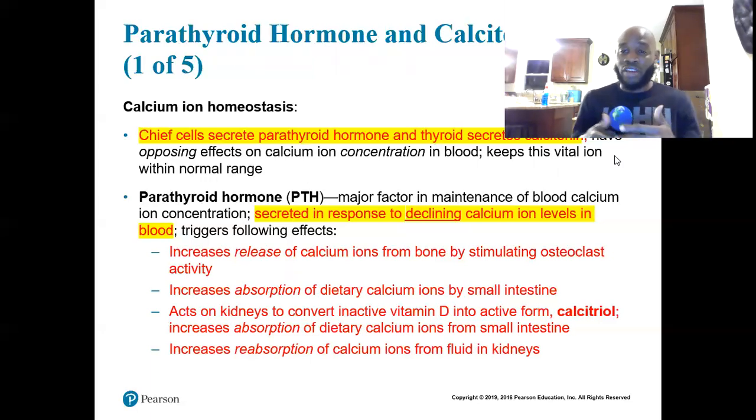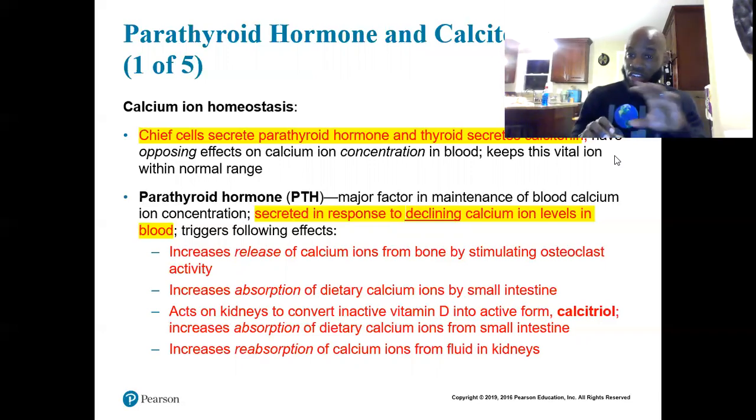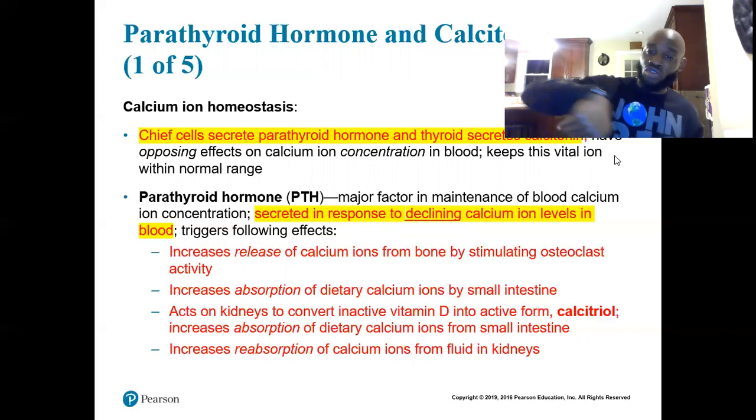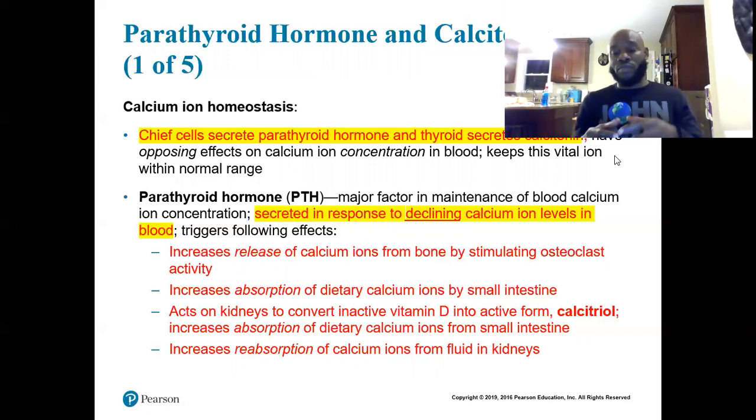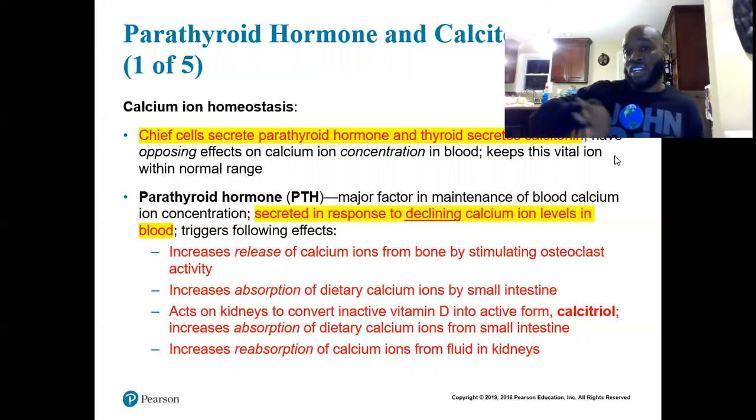Right, so that's talking about how sometimes when your blood is filtered in your kidneys, calcium is filtered out of your blood. But as it goes through the nephron tubules, your body will reabsorb what it needs that has been filtered out before it creates what we call urine, right?